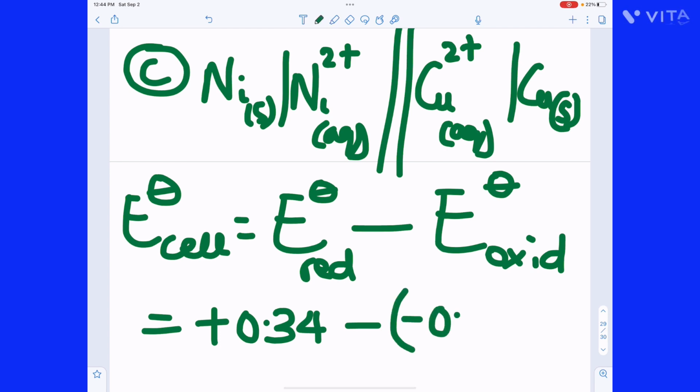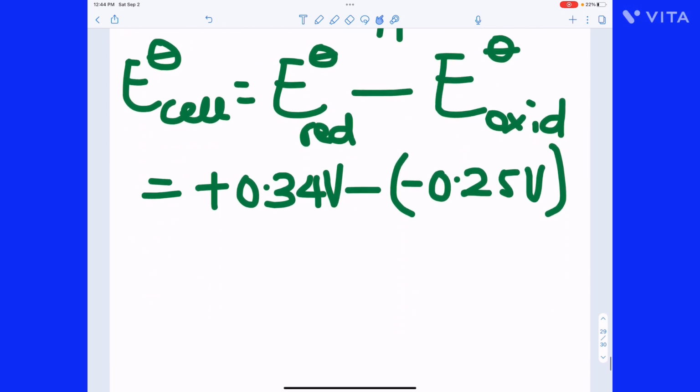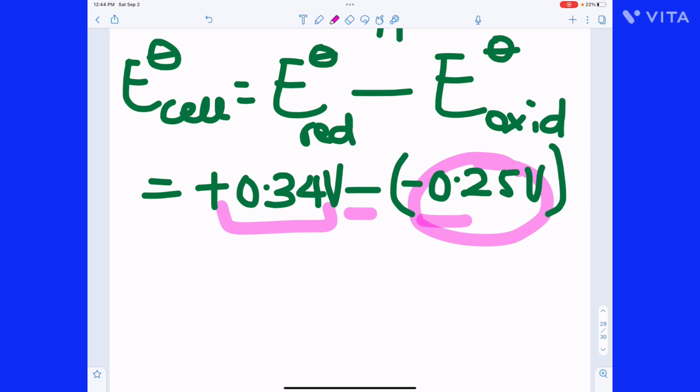Minus 0.25. Be careful not to miss the minus, because this has a minus itself. So when you're subtracting it from this, you understand, this minus should be 2. That's this minus this. You understand? So what does that give us?